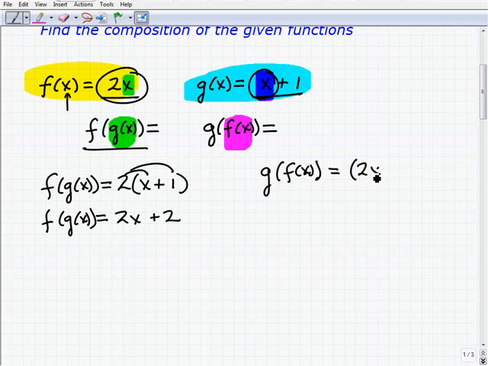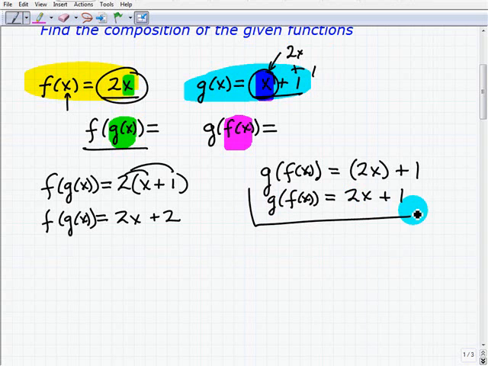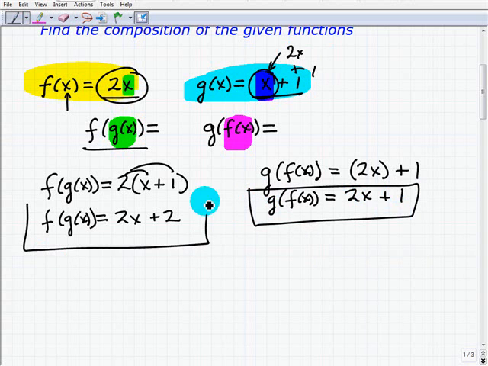So that's going to be 2x plus 1. So this is where you plugged in the f of x function, which is 2x, but then you got to add 1 to it. So let's go ahead and simplify, and we get 2x plus 1. Okay, so g of f of x is equal to 2x plus 1, and f of g of x is equal to 2x plus 2.